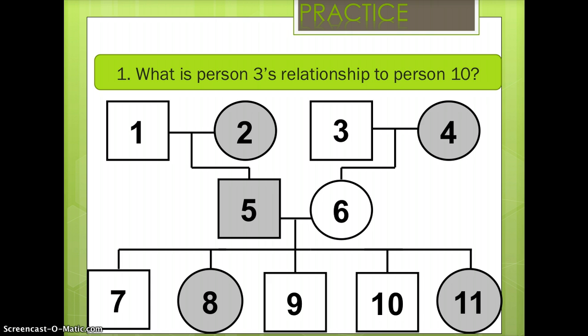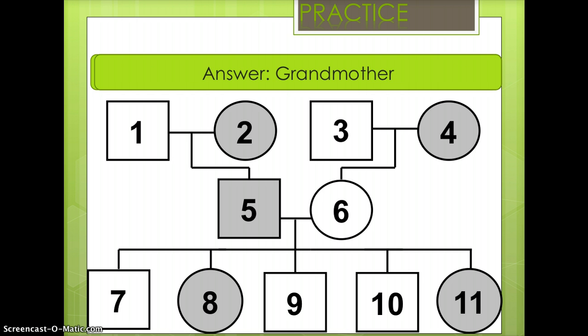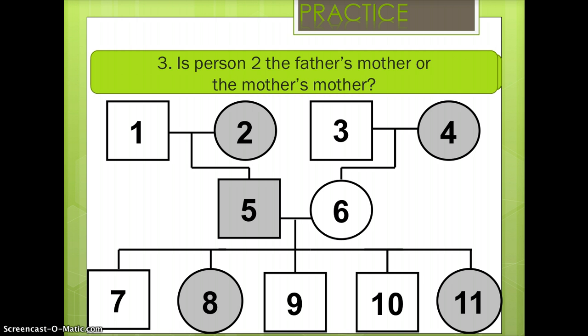Let's practice. What is person 3's relationship to person 10? Grandfather. What is person 2's relationship to person number 7? Grandmother. Is person 2 the father's mother or the mother's mother?